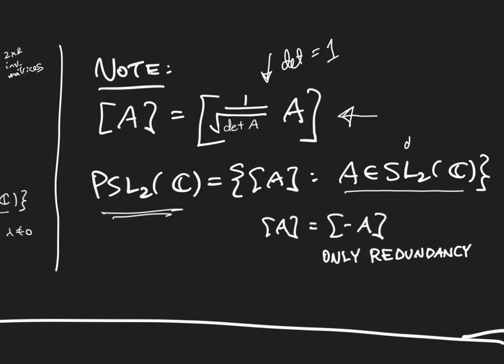So this is 2 by 2 matrices with determinant equal to 1. And so this is basically the same as SL2C, except two things in here are equivalent if they differ up to a minus sign. So this is the only redundancy when you use this model. So A is equivalent to minus A when A has determinant 1.